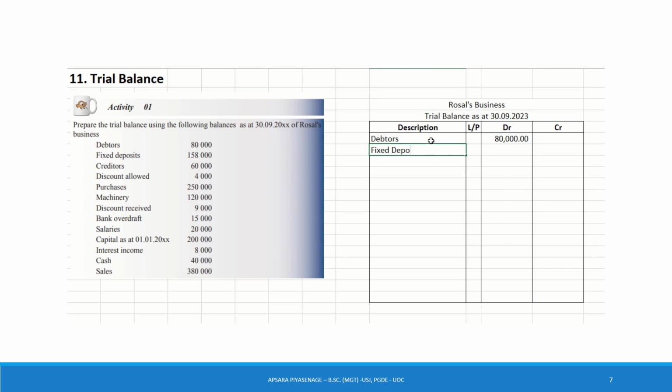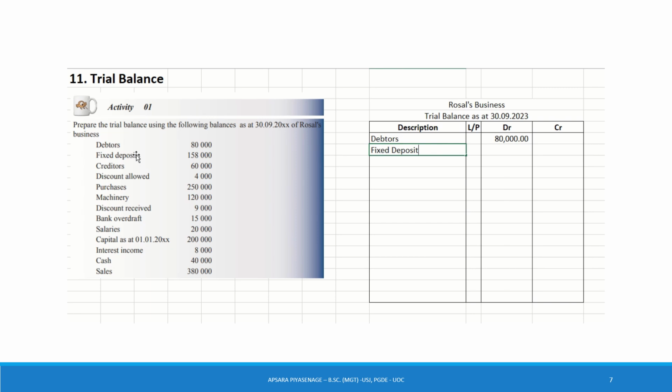So when it comes to deposits, in the bank we can have three kind of deposits. One is current accounts, one is fixed deposit, and the other one is savings. We all have normal savings account.